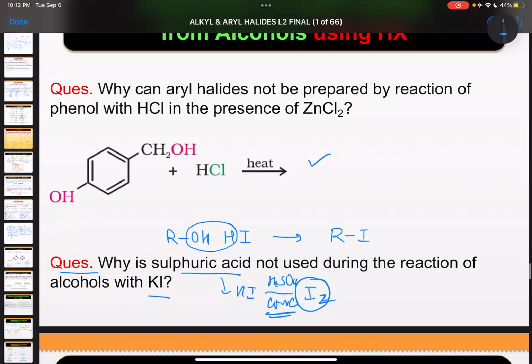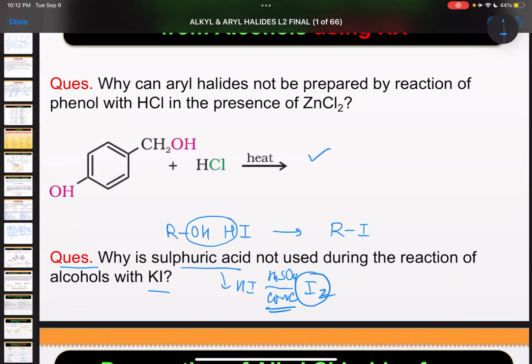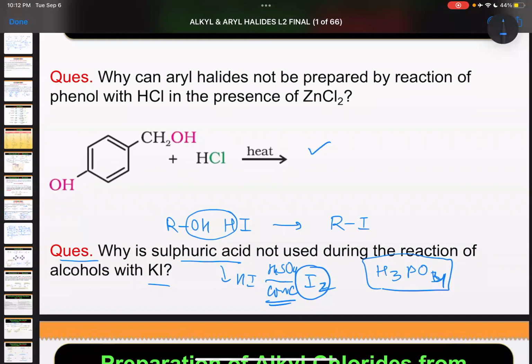You use H3PO4. Remember it, this is a very important question. Phosphoric acid is a non-oxidizing acid. You take KI plus H3PO4. That will convert the KI to HI, but HI will not get oxidized further. Clear?